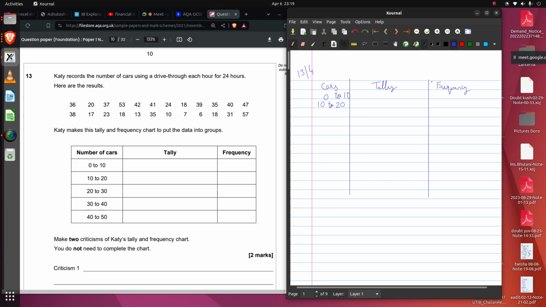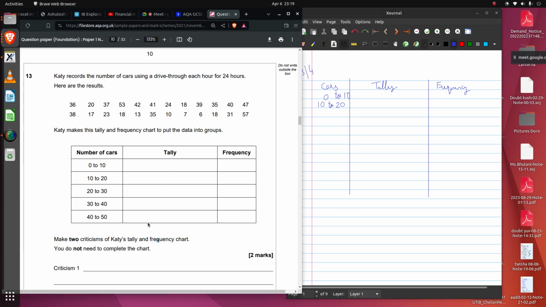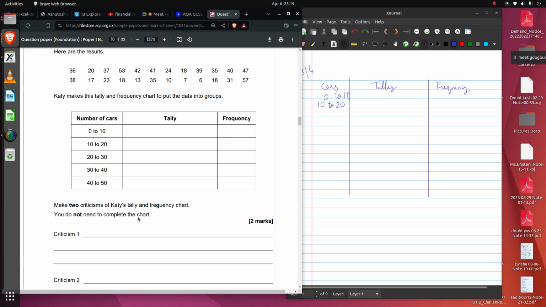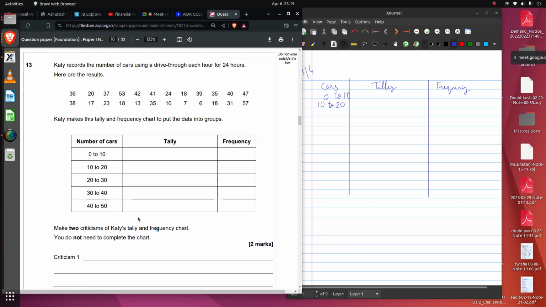It just says to make criticisms. You did not complete the chart. Where are the tally marks? I don't see them. You have to look at the numbers and then look at the number of cars.